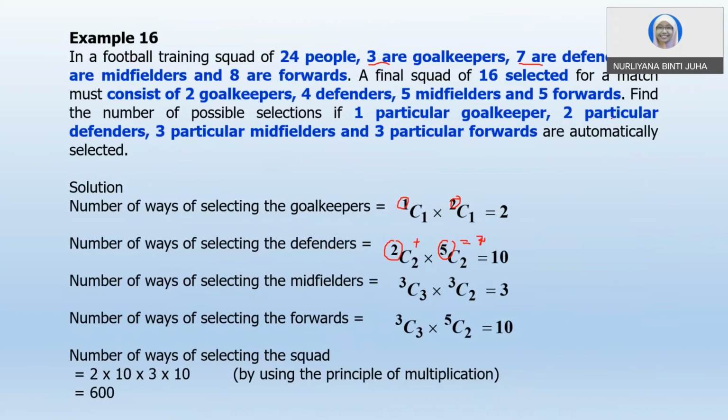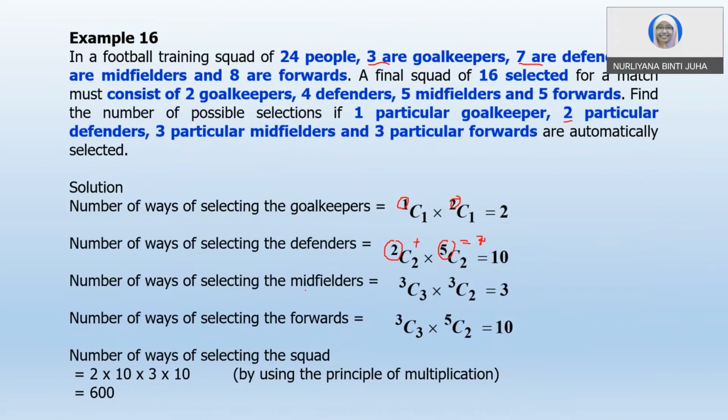So from 2, choose 2. Because of this one. 2 choose 2. And then you multiply it with 5 choose 2. Where does the 5 come from? It is the remainder from before. You have 7 defenders, but 2 are already chosen. So only 5 remain. From 5, you need to choose another 2. Okay, that is for defenders.